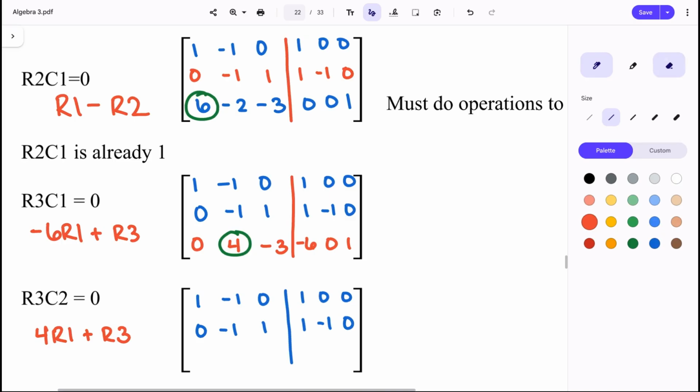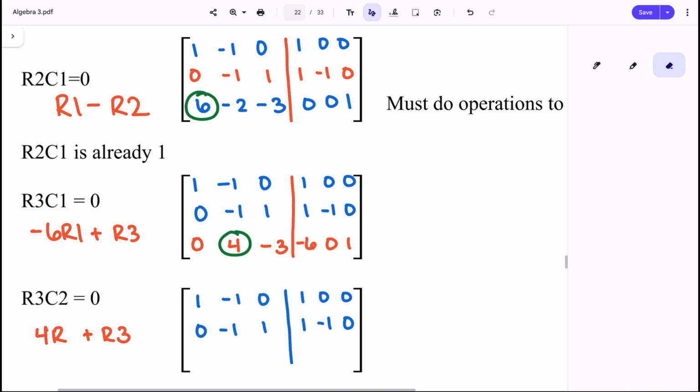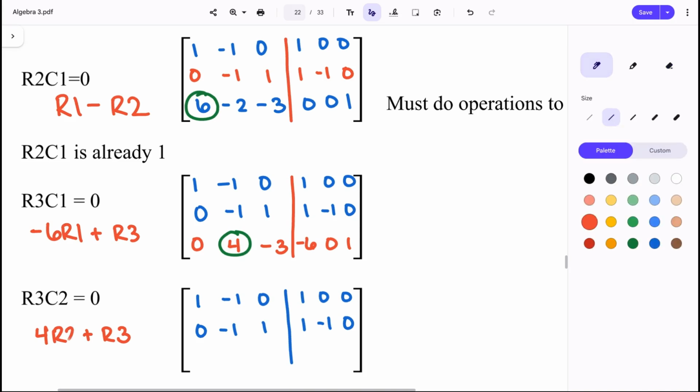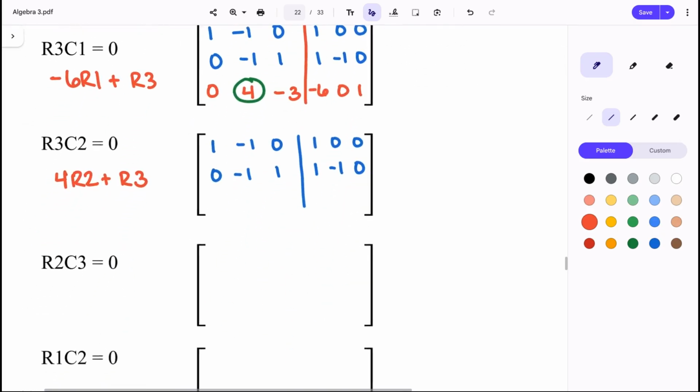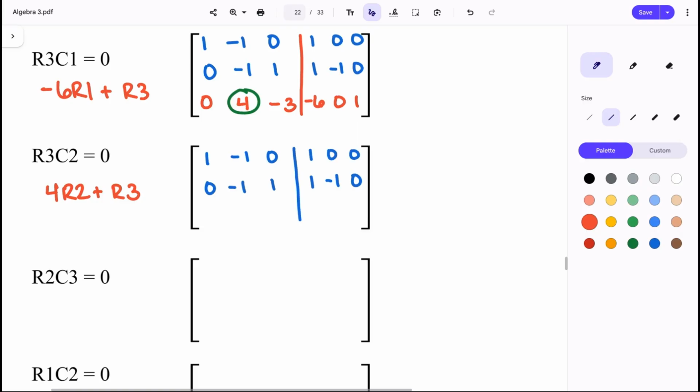And you know, I'm going to change this just a smidge. I'm going to take 4 times row 2 actually, just because I don't want to really impact that 0 if I can avoid it. So by just making that little change, instead of using row 1, I'm going to use row 2. You take 4 times all of row 2, and then you add it to row 3.